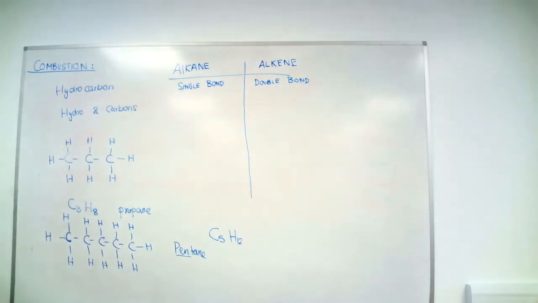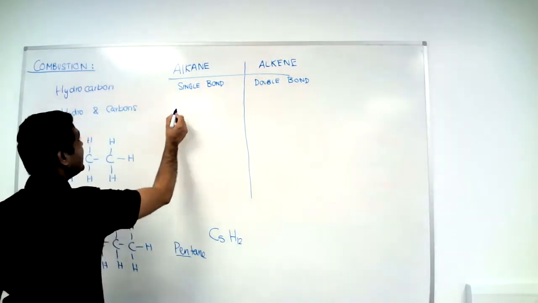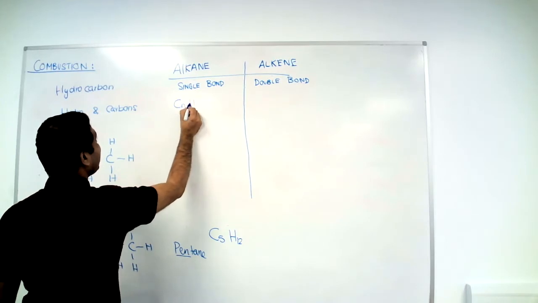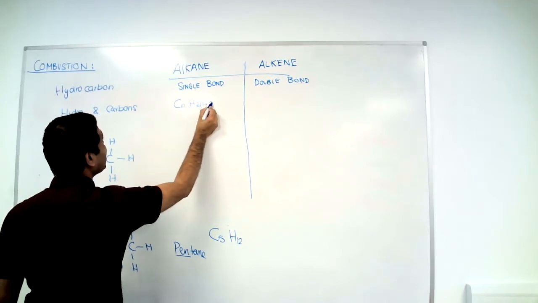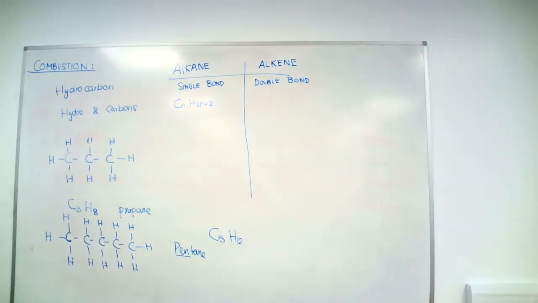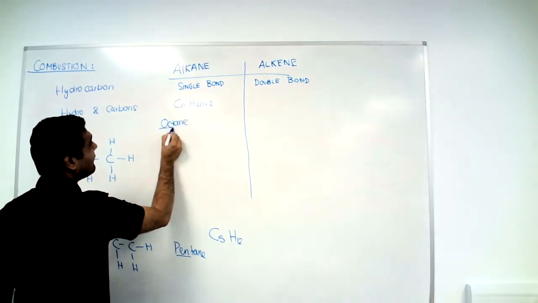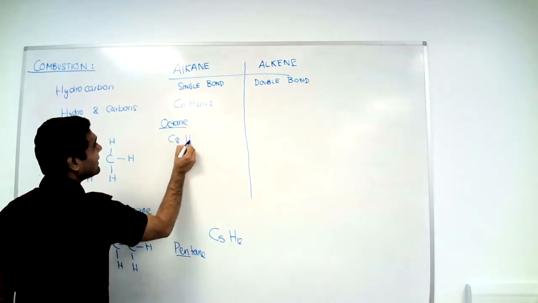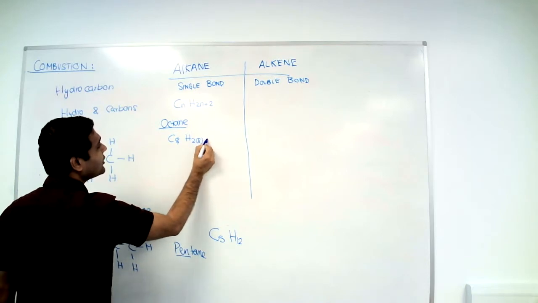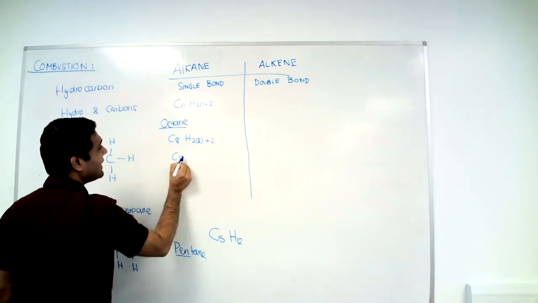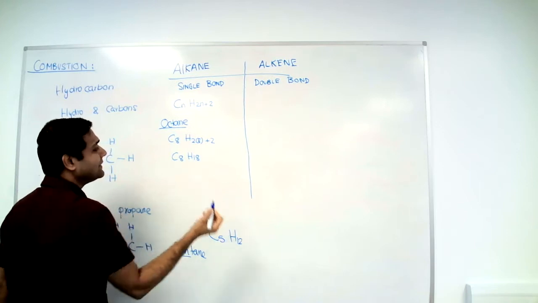The general formula for the alkane is CnH2n+2, where n is the number of carbon atoms. For example, octane will have the formula C8H(2 times 8 plus 2), so C8H18.